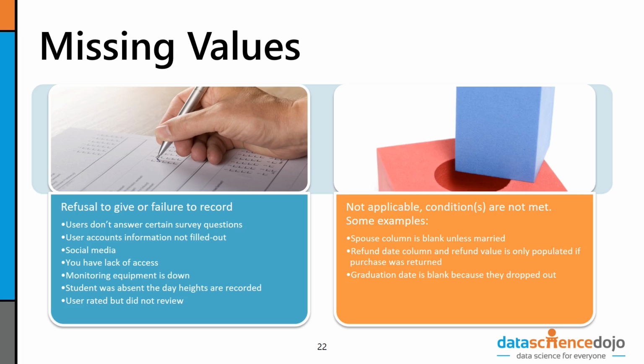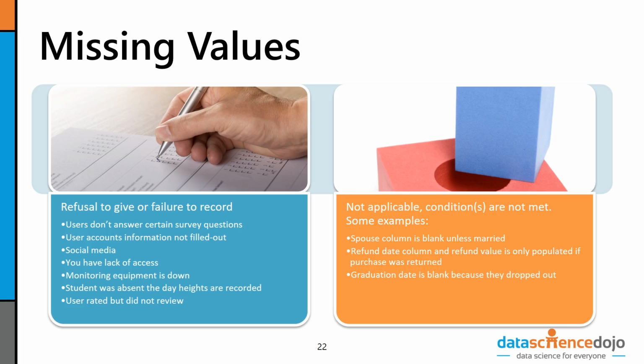Another thing is maybe the situation is just not applicable, okay? Maybe some conditions just aren't met, but there's still a column in that data set for us. So for example, the spouse column will probably be blank unless you have a spouse, unless you're married, okay? So in that case, if you're cleaning missing values there, you want to fill it in with whatever makes sense. So instead of just saying blank, you might want to just say single, okay?